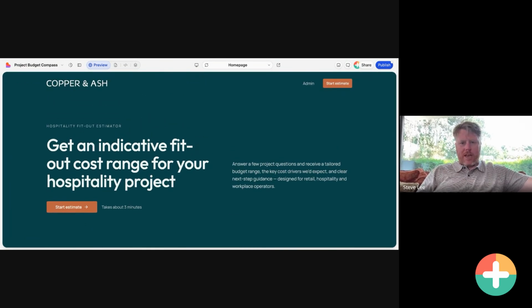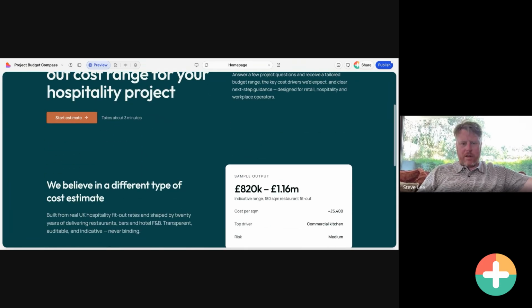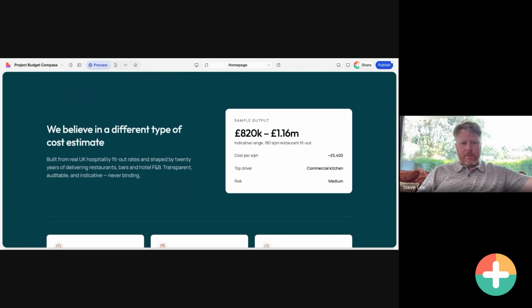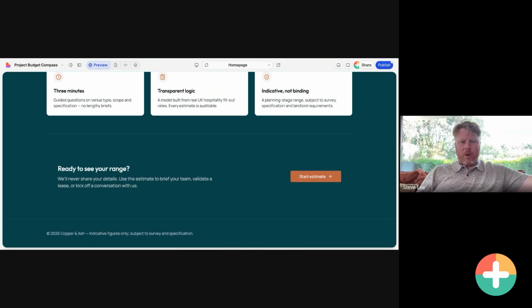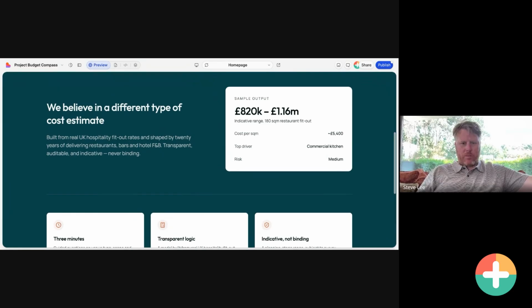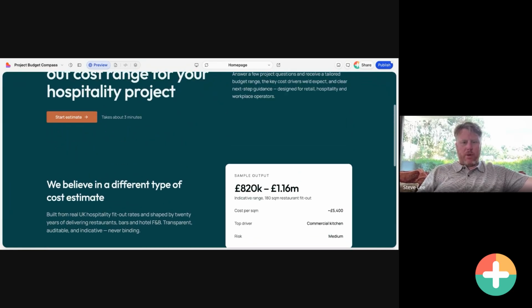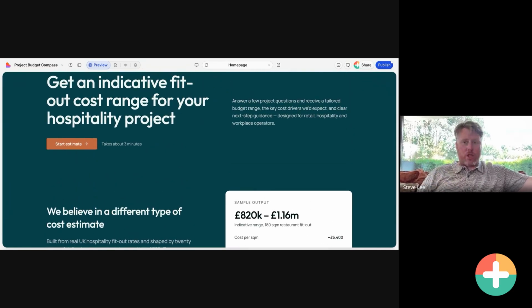So Copper and Ash, as you mentioned, is an interior design business. They want to help people. They want to be able to qualify leads. They want to provide a value add at the start of the sales process. So they want people who are coming in who really do have some money to spend, who are genuine prospects, and are happy to work with someone of their caliber.